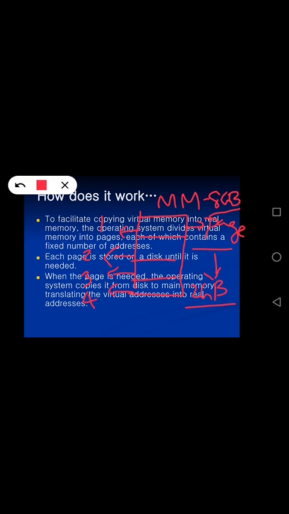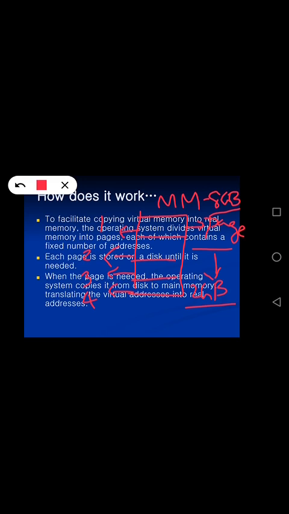So all the programs developed by the programmer are divided into a special unit called processes, and also the secondary memory is divided into fixed size pages.